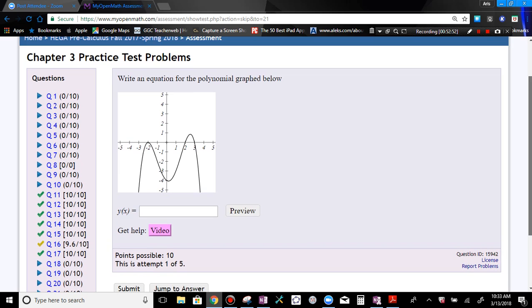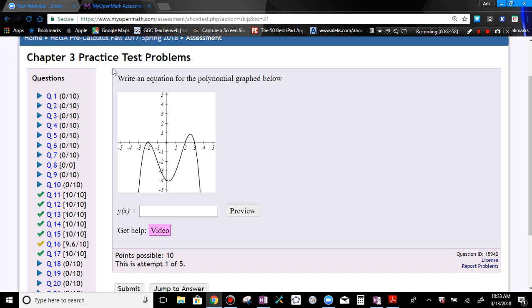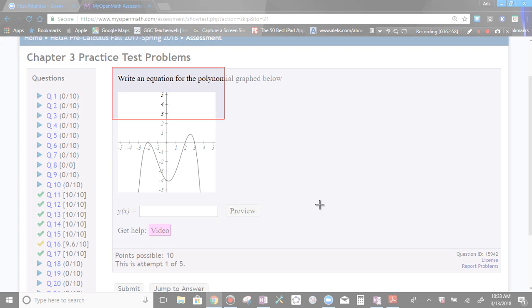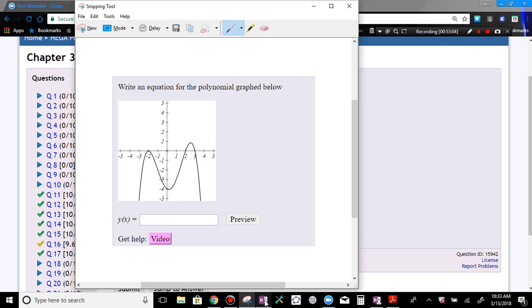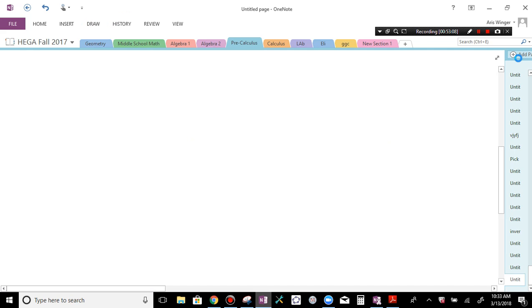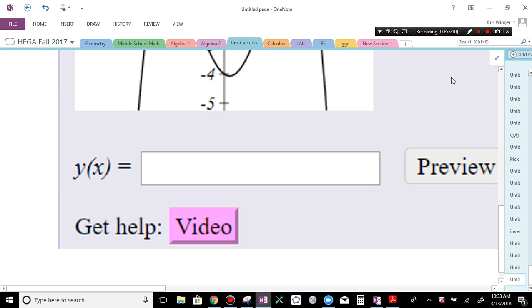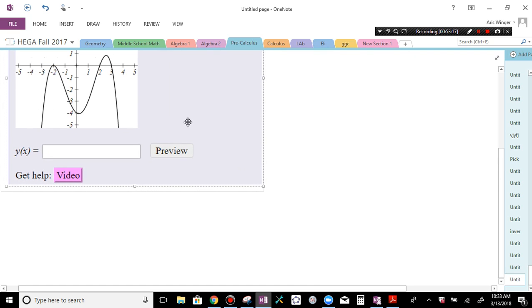What polynomial is that? Semi out of order. But we have the game plan for this now. We got some zeros.